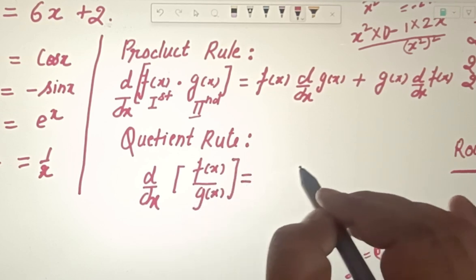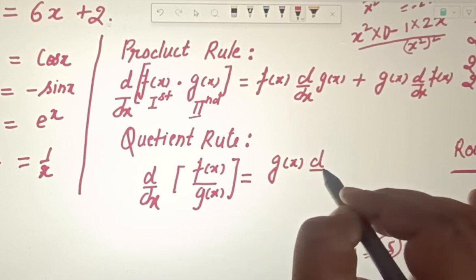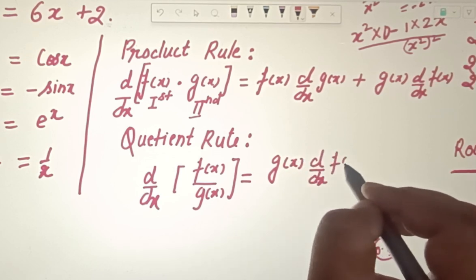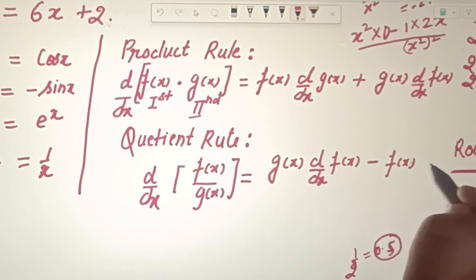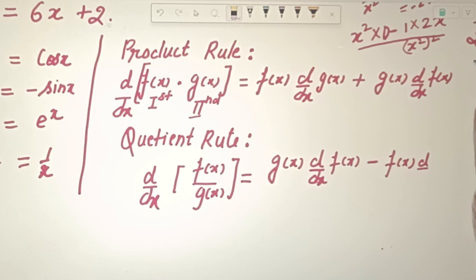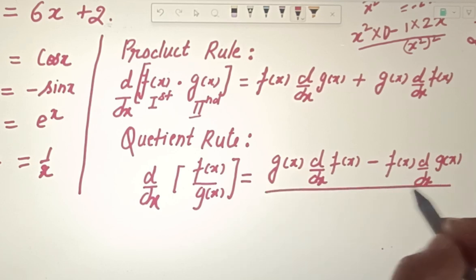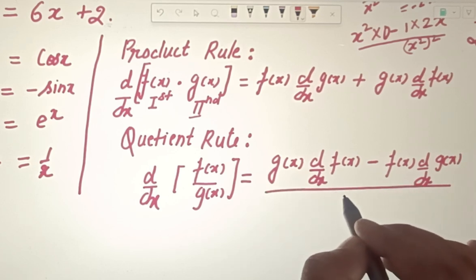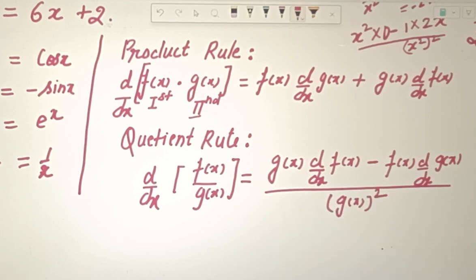Simply you will write the denominator times the derivative of the numerator, minus the numerator times the derivative of the denominator, and then divided by the denominator squared, g of x squared. That is the quotient rule, and the earlier one is the product rule.